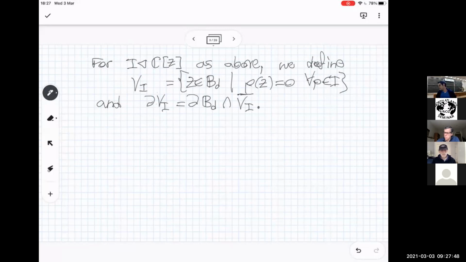Okay. And now I want to get to a fine point, and this is Arveson's essential normality conjecture.